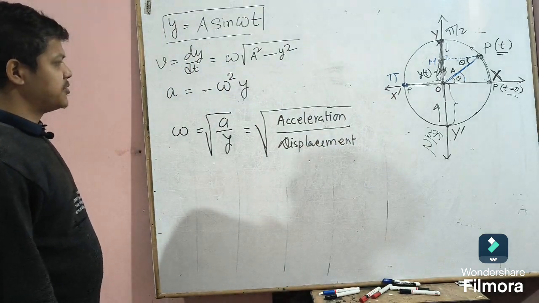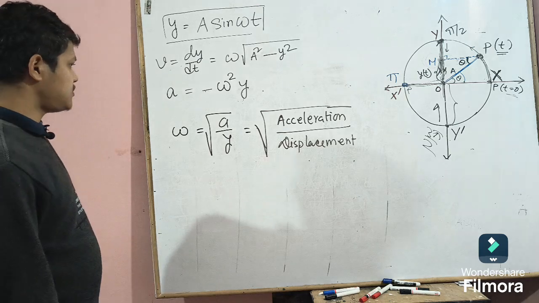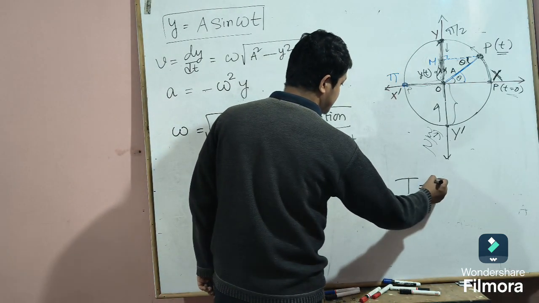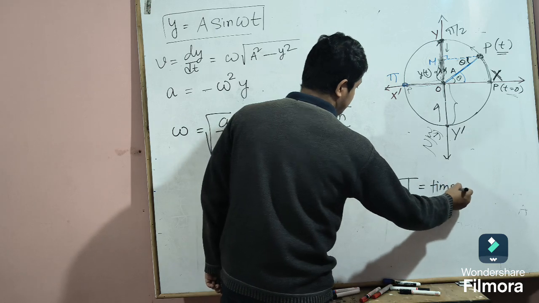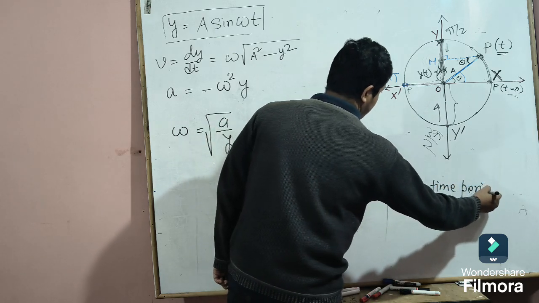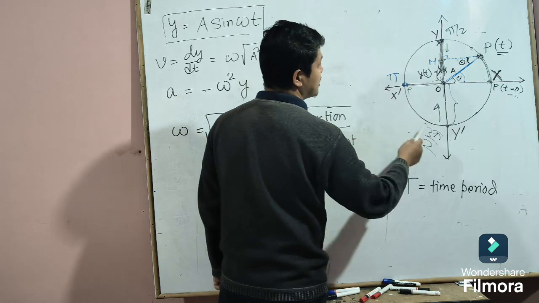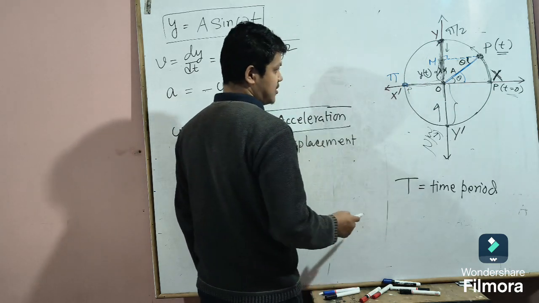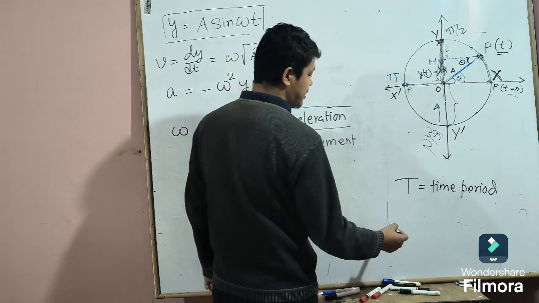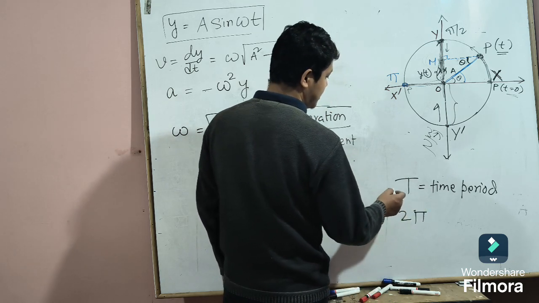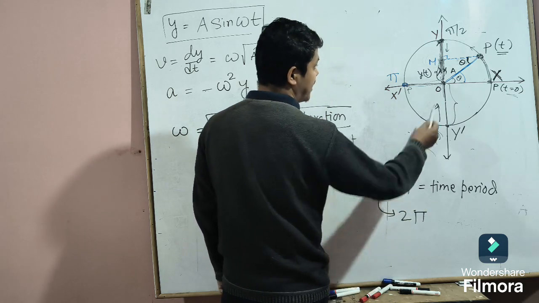Okay. Now you see, if T is the time period, time period means the time taken by this particle to complete one circular motion, and then angular displacement will be given by 2 pi, right? So in time T, it completes 2 pi, right?